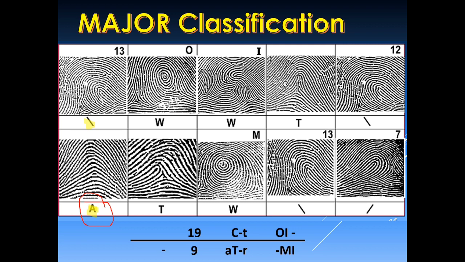And then let's proceed now with our numerator. Since this is a loop pattern, we are going to use the table for the numerator, and we are going to use the ridge count. So we have here 13, and under the table, 13 is equivalent to capital letter M.